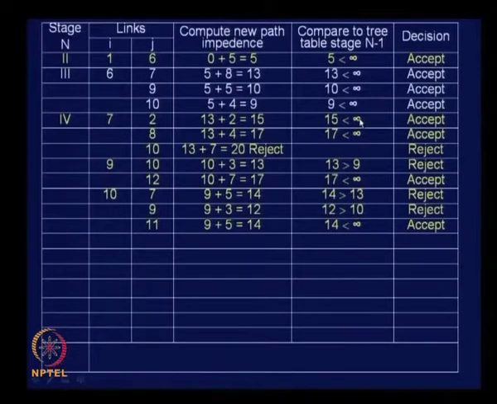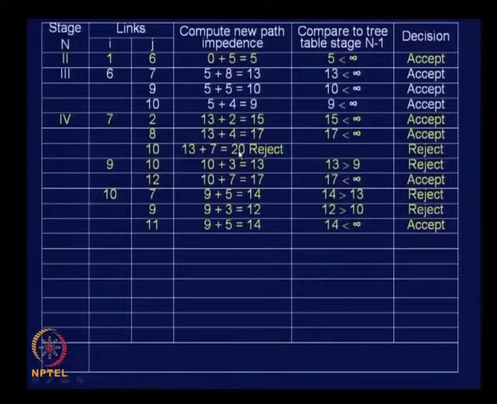So, we are accepting this as the cumulative travel time from 1 to this node. And 7 to 8, 13 plus 4, 17, this is also less than infinity, so we are accepting. Then 7 to 10, 13 plus 7, 20.